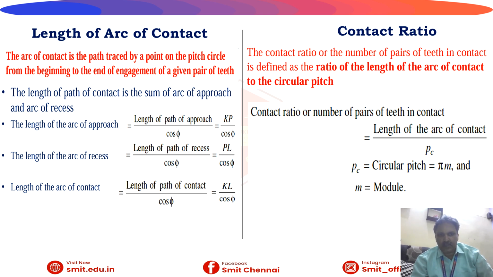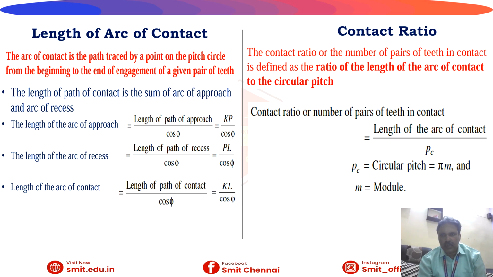Whenever two gears mesh together, that is the arc of contact. Length of arc of approach is KP by cos phi. Length of arc of recess is the length of path of recess divided by cos phi, equal to PL by cos phi. Length of arc of contact is equal to length of path of contact divided by cos phi, equal to KL by cos phi.